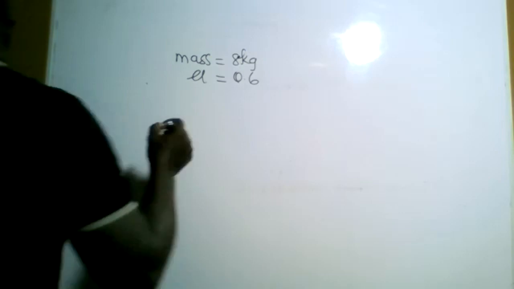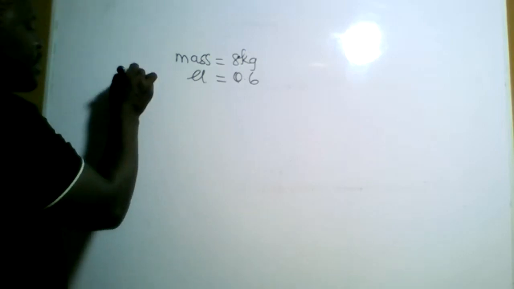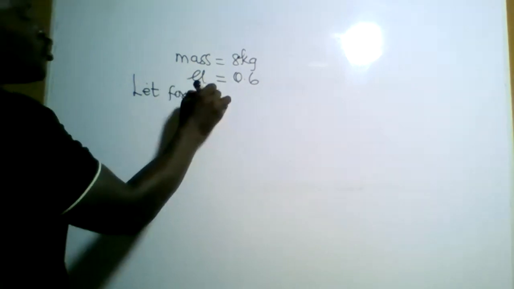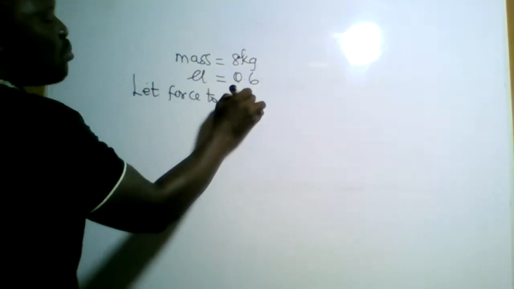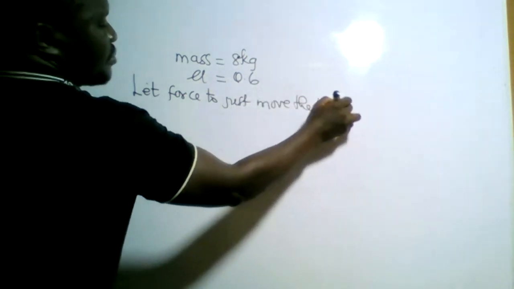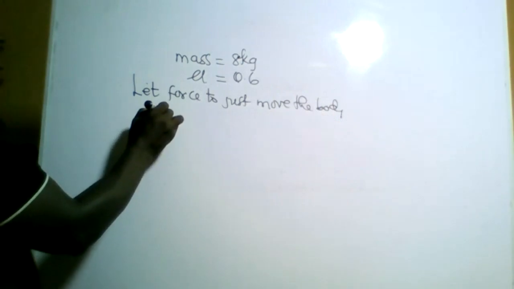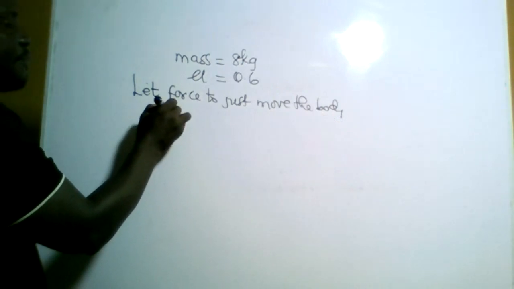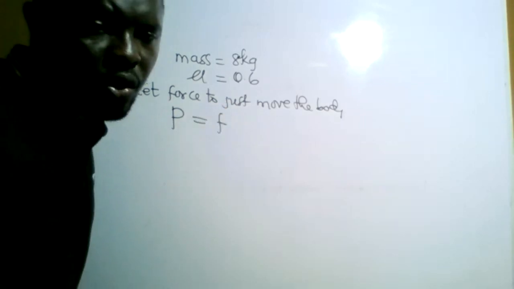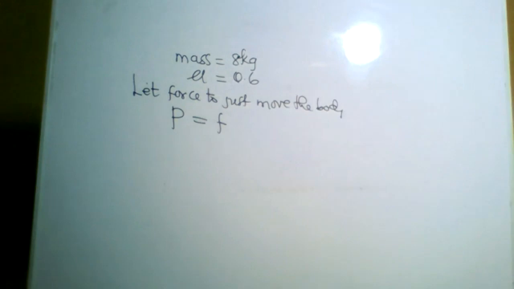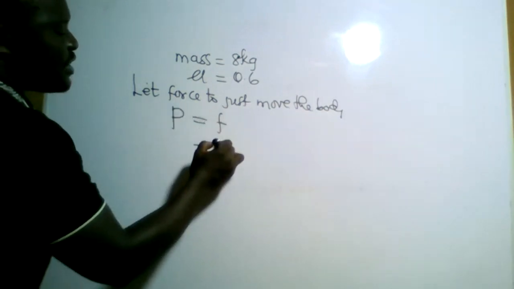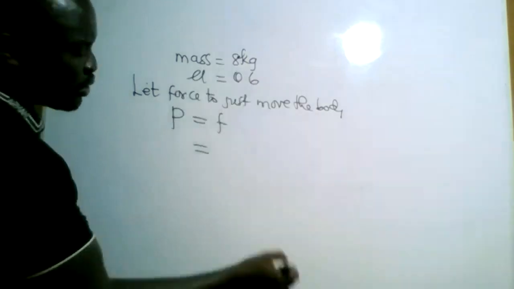Okay, so if we are looking for the least force to just move the body, then the least force P must be equal to F. So this is what they're looking for. F is the frictional force which would oppose the motion.